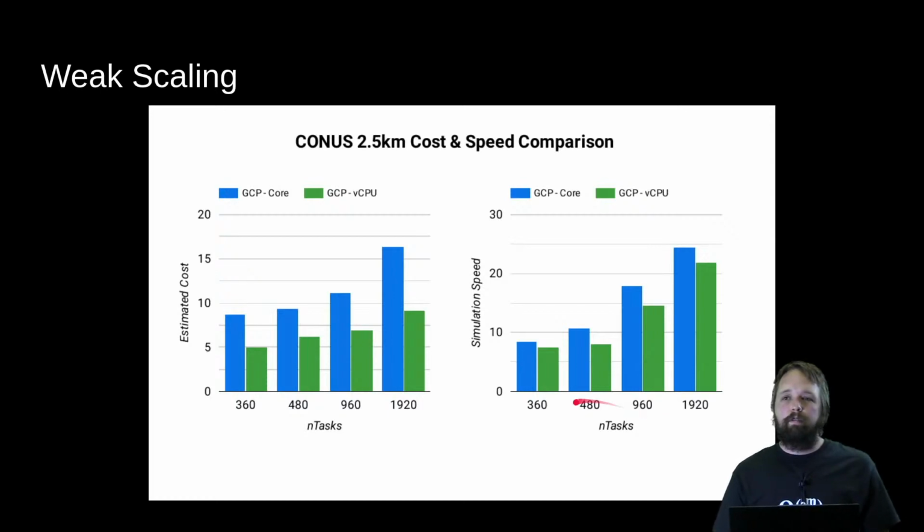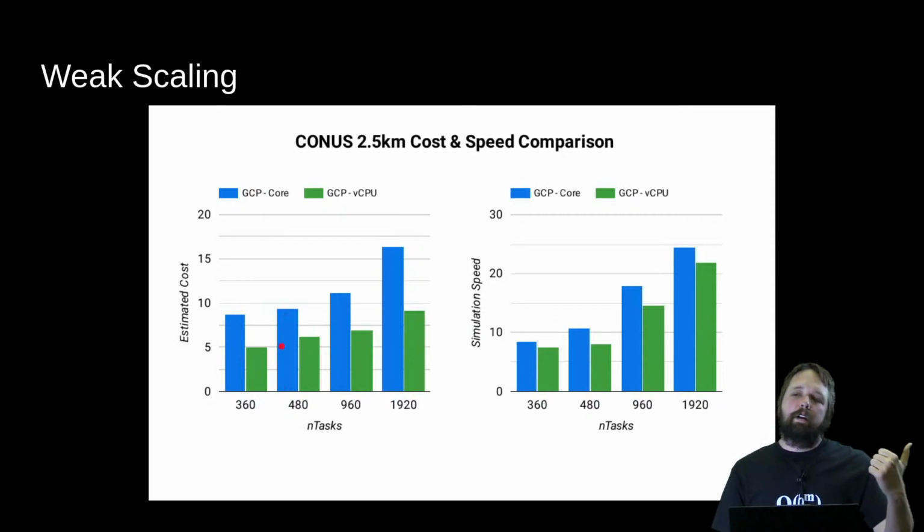However, if I were to look at these costs here, this is a green bar, right? If I'm binding to virtual CPUs on 960 instances, that uses the same number of virtual machines on Google Cloud as running on 480 ranks with those cores.